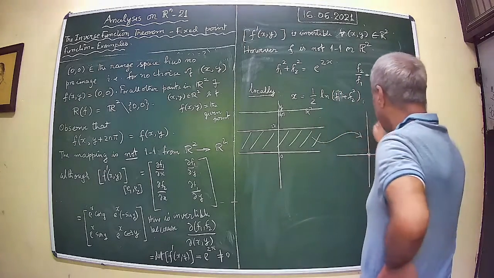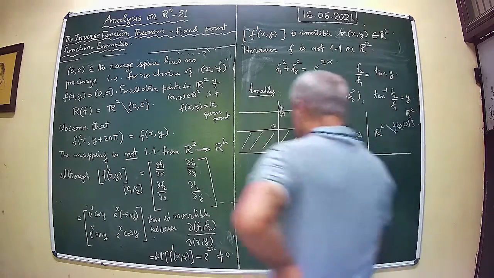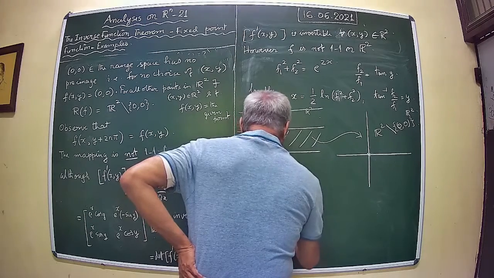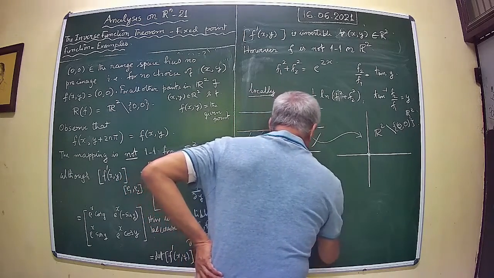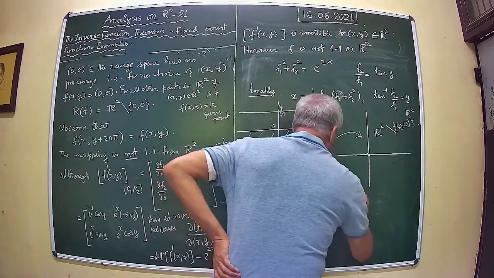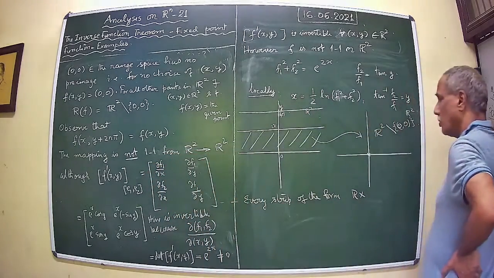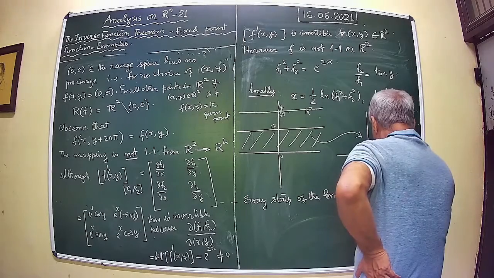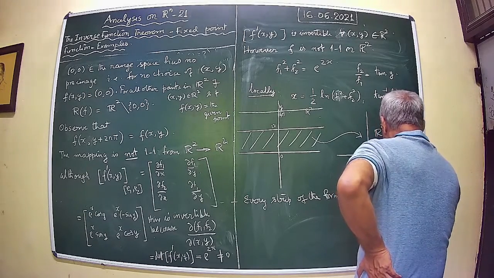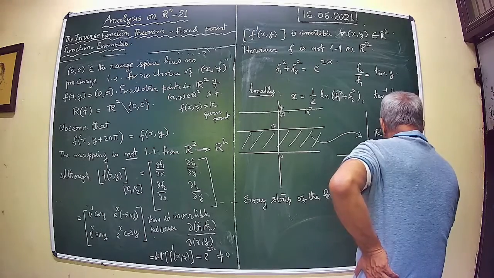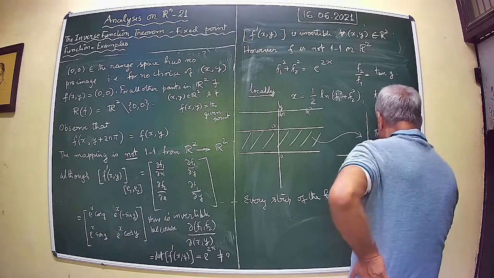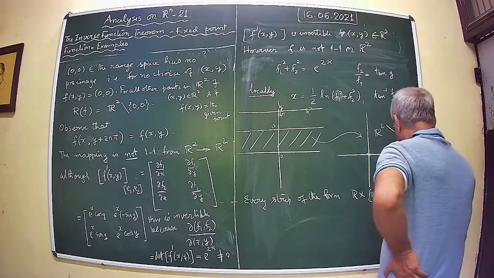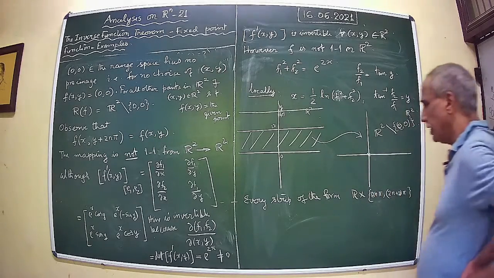And every one of these strips, up to n plus 2 pi, is mapped to it.